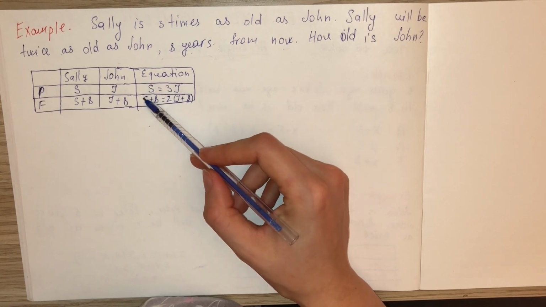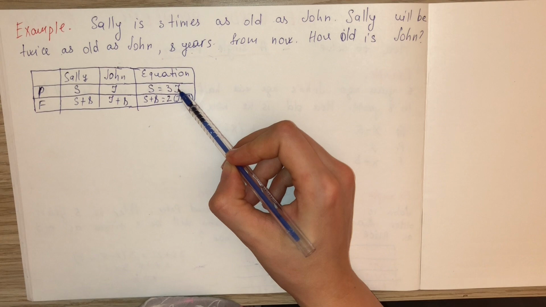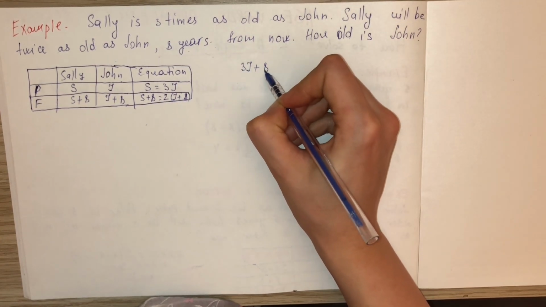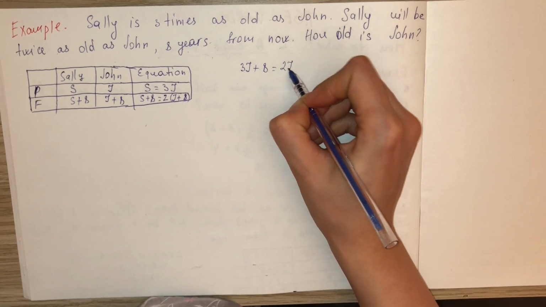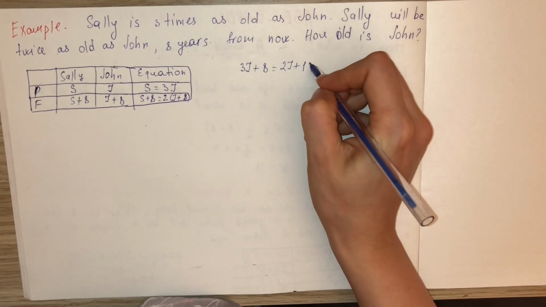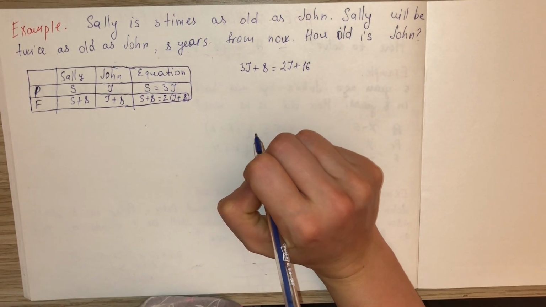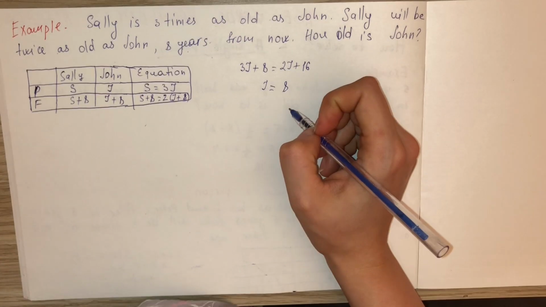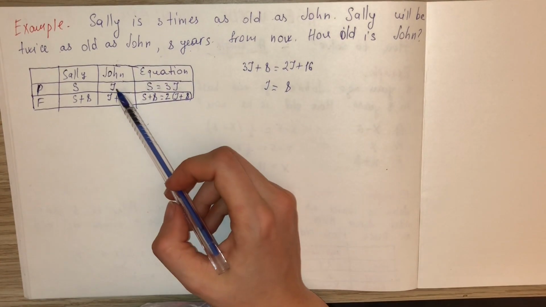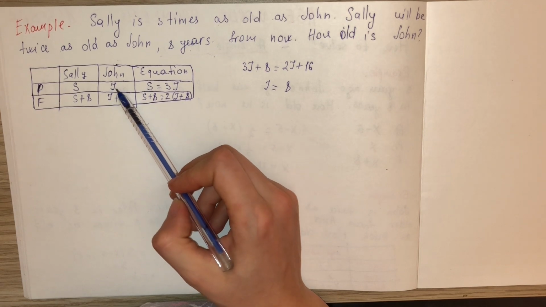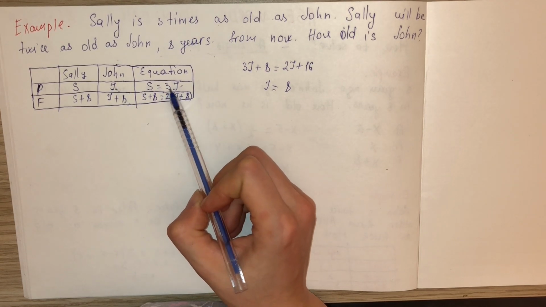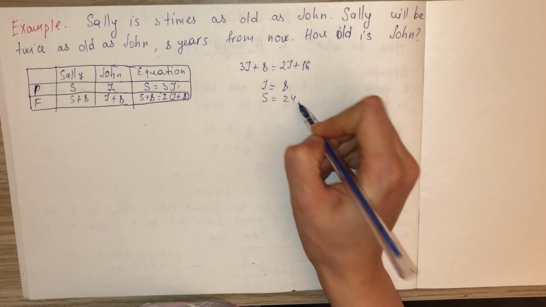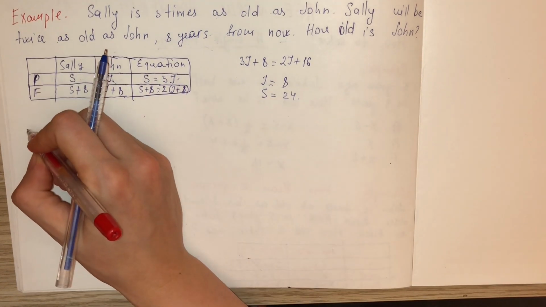If we replace S by 3J, we will get 3J plus 8 is equal to 2J plus 16, and J is equal to 8. So now John is 8 and Sally is 3 times 8, 24. Okay, Sally is 24.